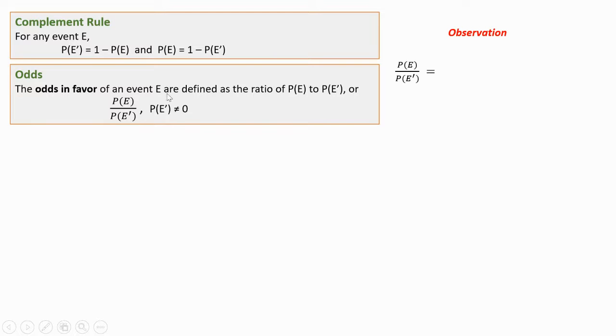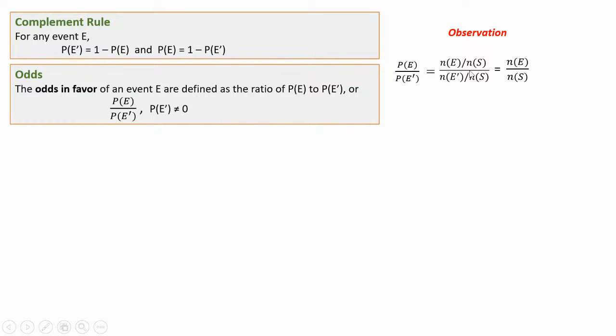So here's an observation of the odds in favor. The probability of E is equal to the number of E over the number of S, the sample space, over the number of not the event E over the sample space. This is my numerator.